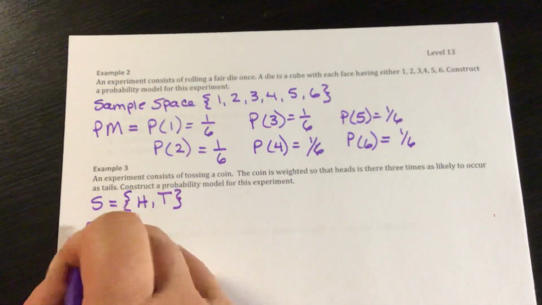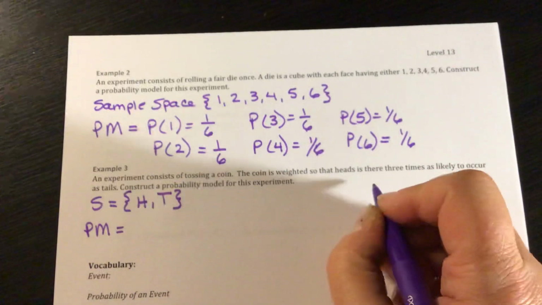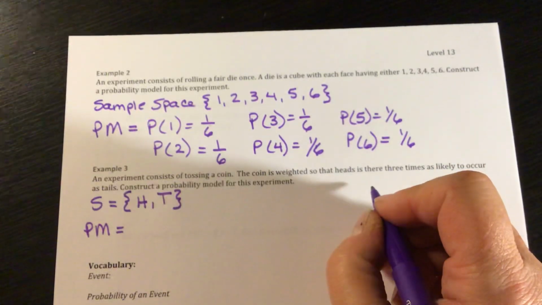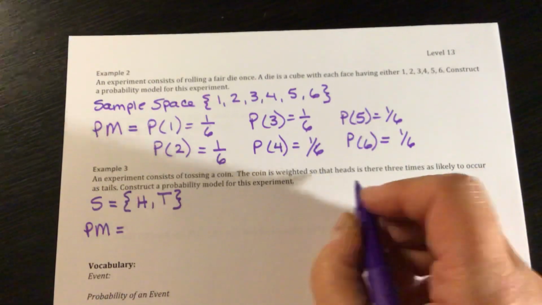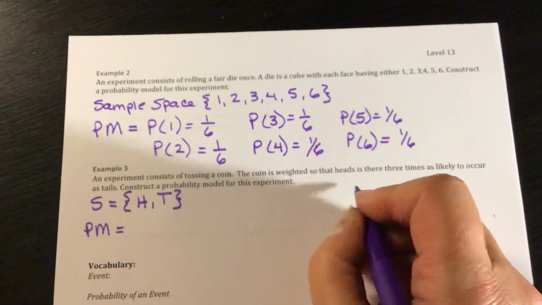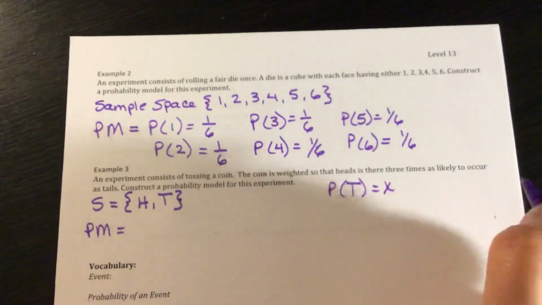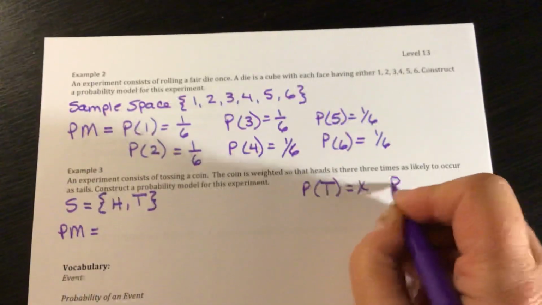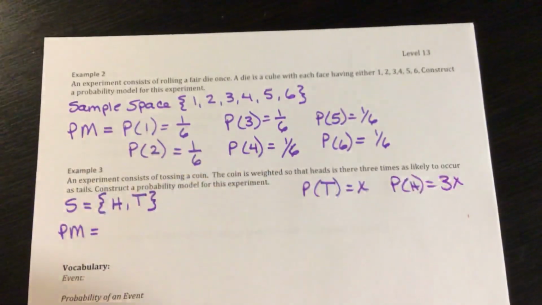So my probability model now, if I think about this, my chances of getting a head are 3 times as much as getting a tail. So if I say the probability of getting a tail is X, the probability of getting a head is 3X.